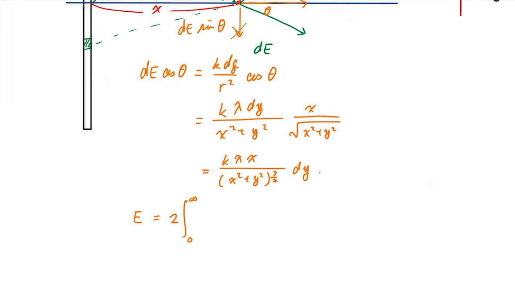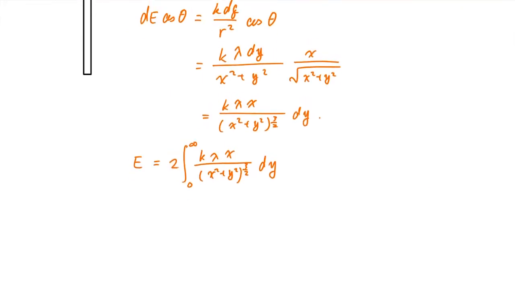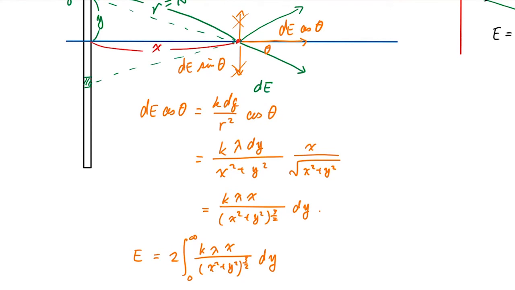And then we put k lambda x over x squared plus y squared to the 3/2 power and dy. How's that? What kind of trick are we using in this integral now? You all agree with the setup? So we can just concentrate on the integral.